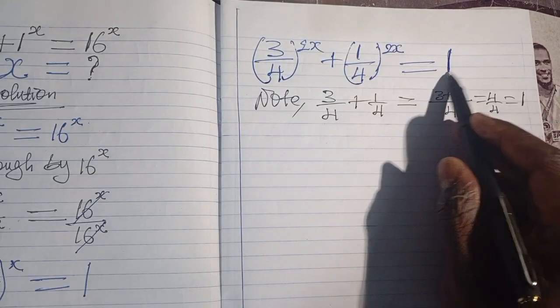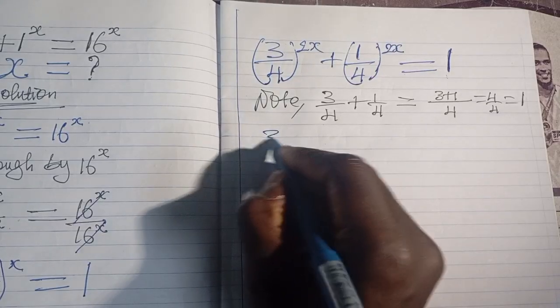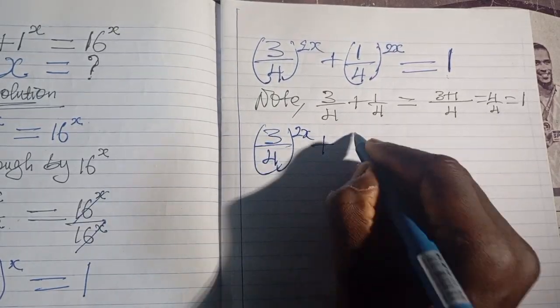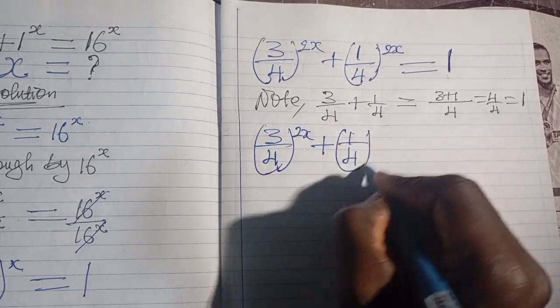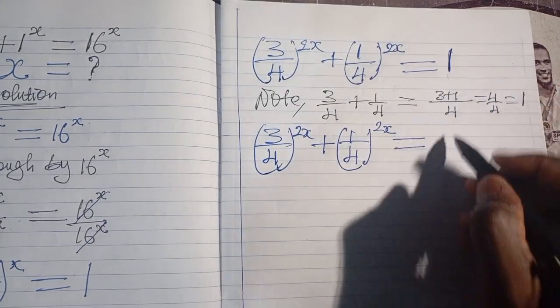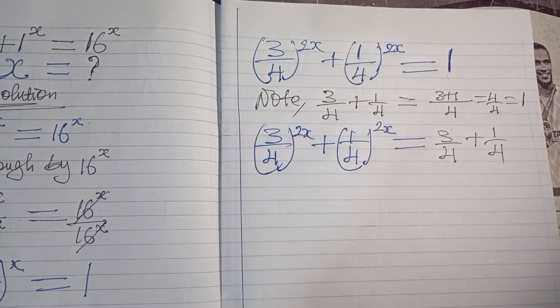So we are going to replace this 1 here as 3/4 plus 1/4. So we can now have (3/4)^(2x) + (1/4)^(2x) equals, instead of 1 here, we write 3/4 plus 1/4. Good.